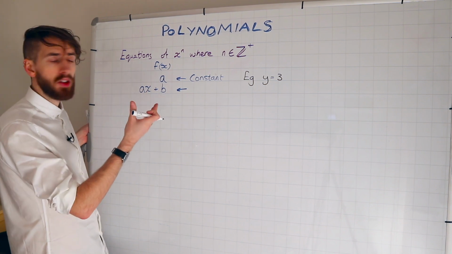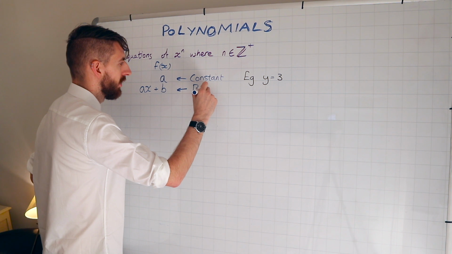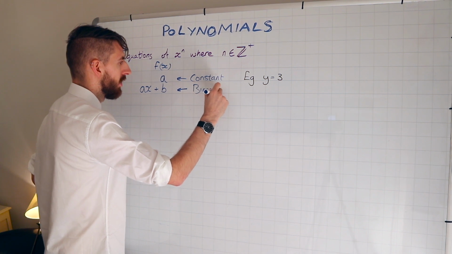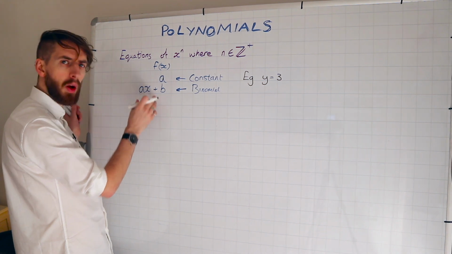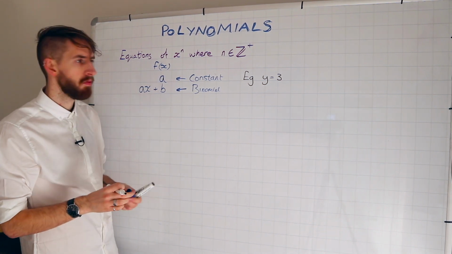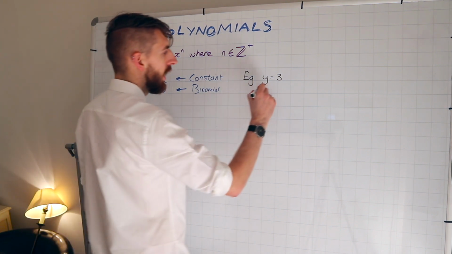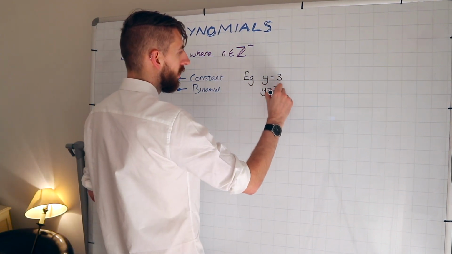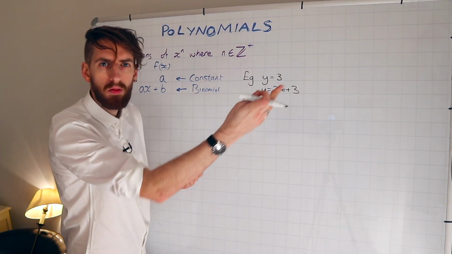Bi means there's two, so that kind of makes sense, doesn't it? But you might recognize this as a linear equation in the form of y equals mx plus c. And that's essentially what it is. So we could do an example like that. That's your linear equation. Sweet.